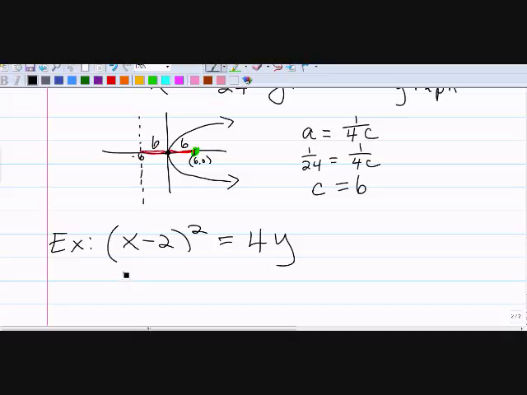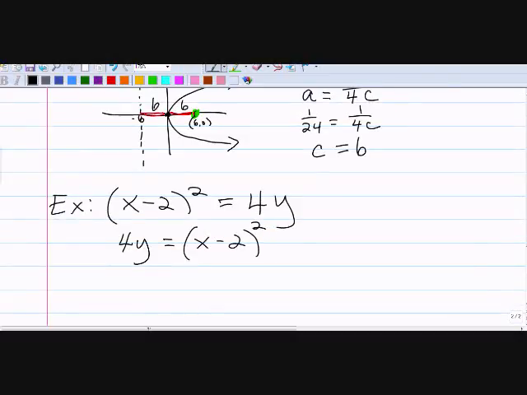So let me put the y over here to the left because that always makes me more comfortable. I've got to solve this equation for y. So let me divide both sides by 4, and I get y equals, I want to have that x minus 2 squared there. So change that division by 4 into a multiplication by 1/4.